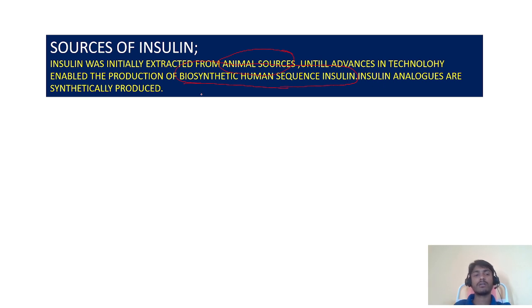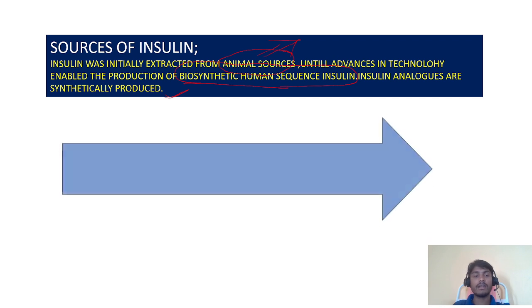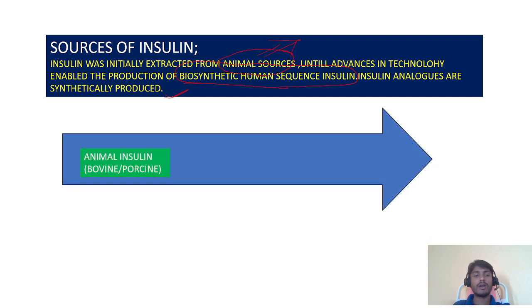Insulin analogs are synthetically produced. Initially we extracted insulin from animal sources: first animal insulin from bovine or porcine, next human insulin by the biosynthetic pathway, followed by insulin analogs by the synthetic pathway.